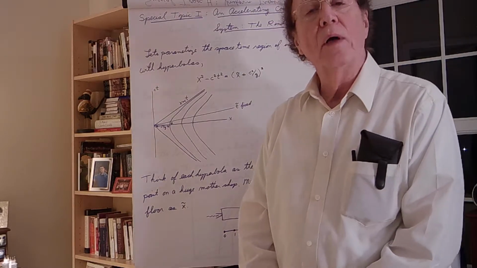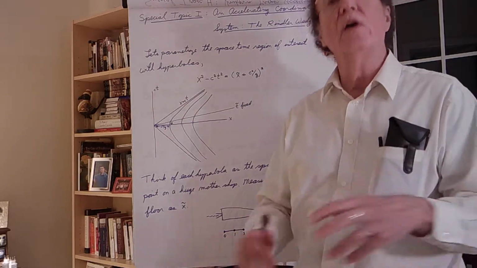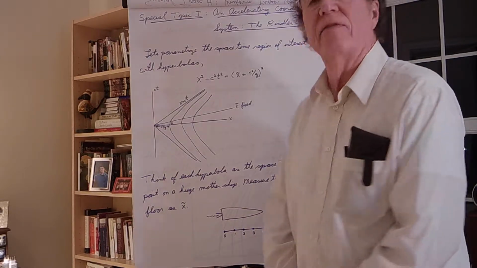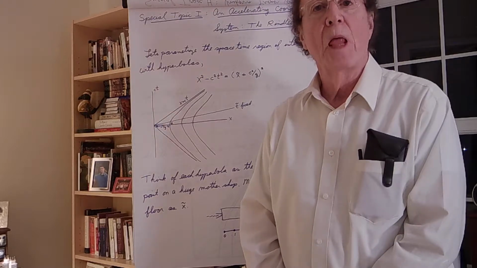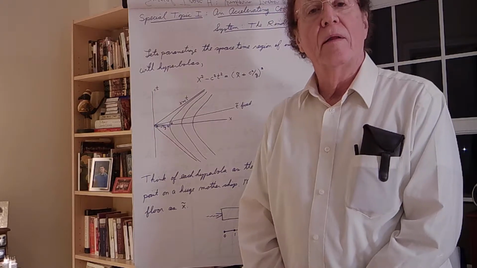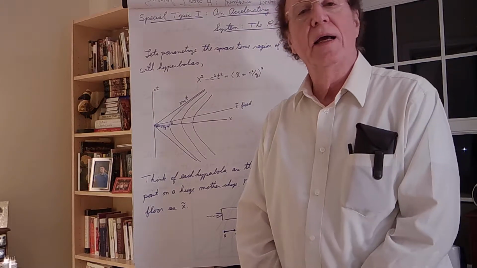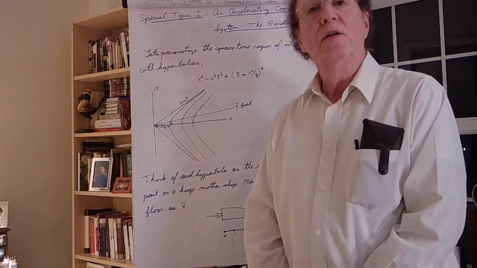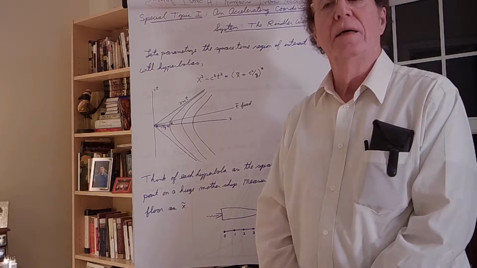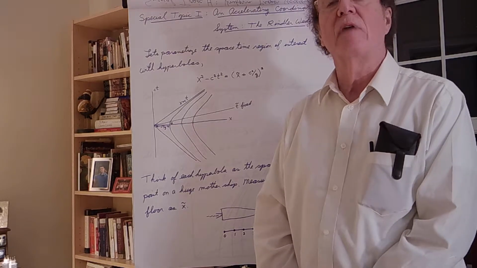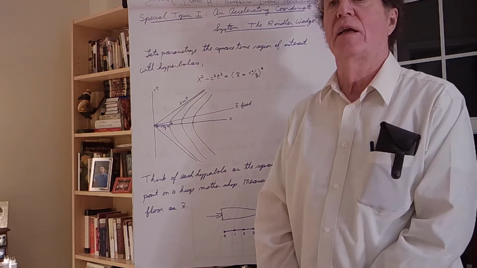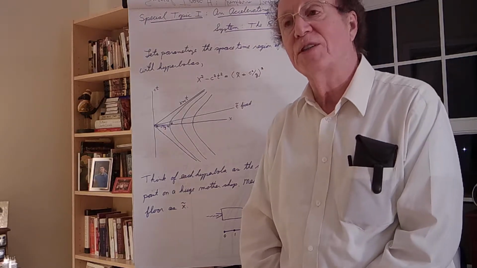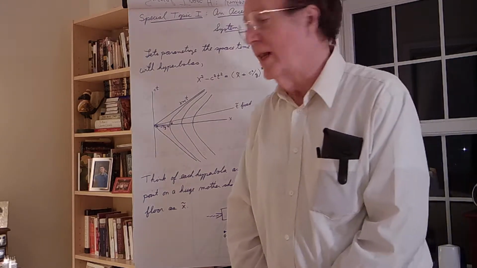I want to see if I can make that accelerating frame a rocket ship, where there's an acceleration appropriate to every point in the rocket ship, so that at any particular moment the rocket ship has a common velocity v. So it moves in a stress-free fashion to the left.